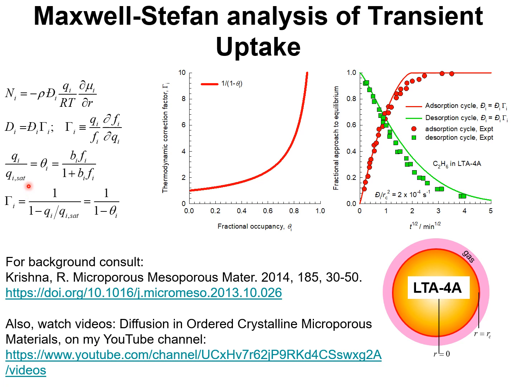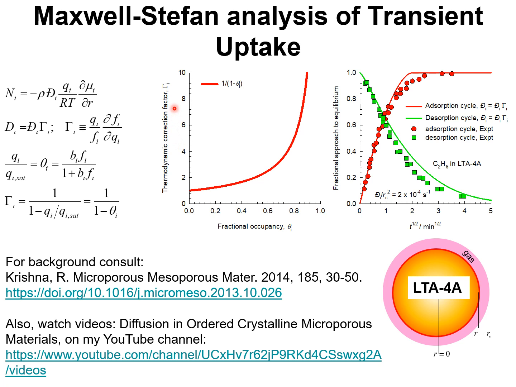If the adsorption equilibrium is described by the single site Langmuir model, q_i divided by q_i at saturation, which is the partial occupancy, is the Langmuir constant times the partial fugacity in the bulk gas mixture. And we can determine the thermodynamic correction factor to be 1 divided by 1 minus theta, where theta is the fractional occupancy.